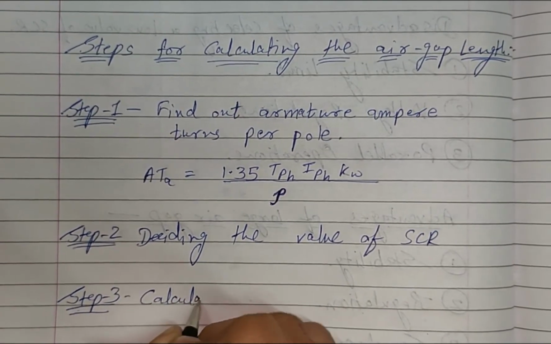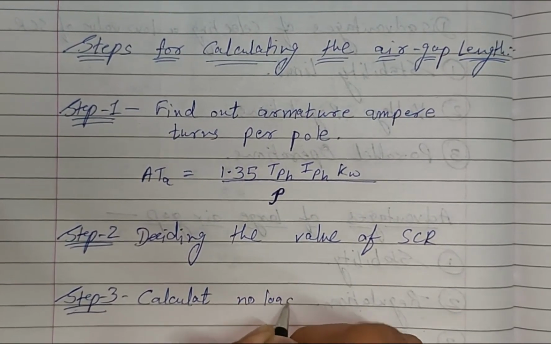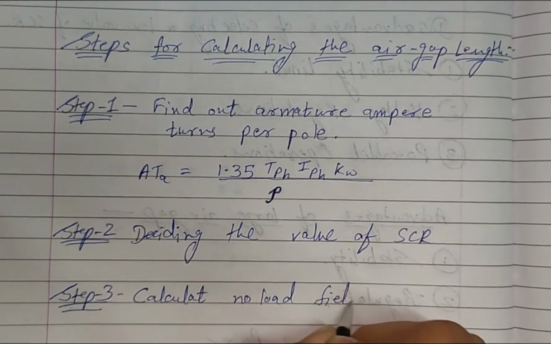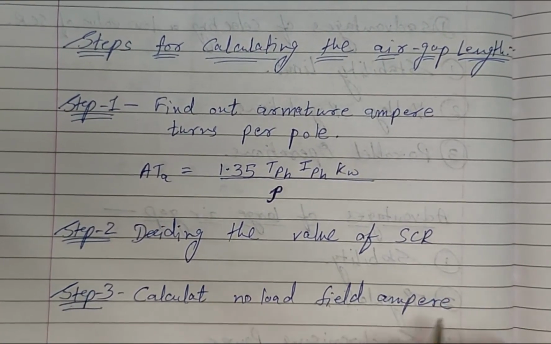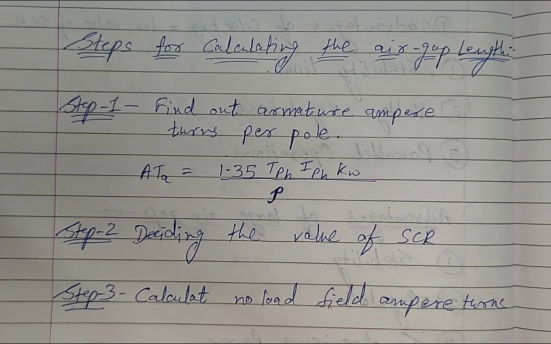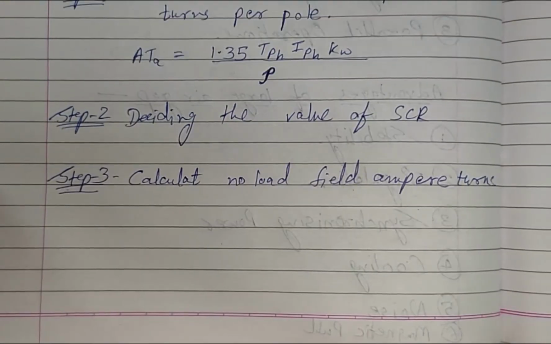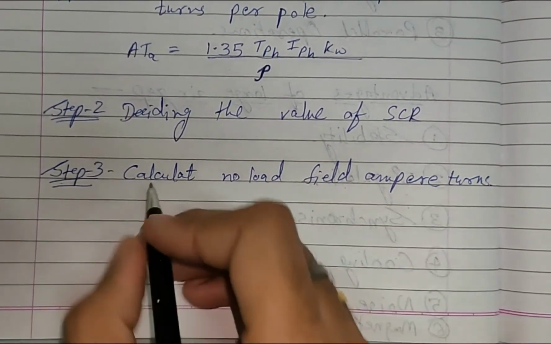So calculate no load field ampere turns. Now these no load field ampere turns are calculated per pole.